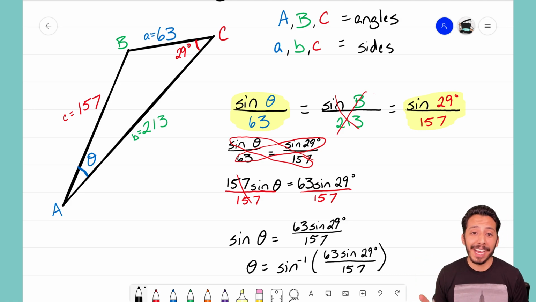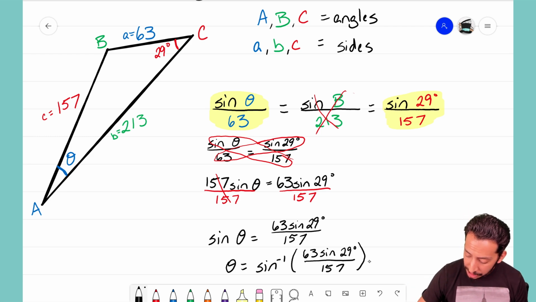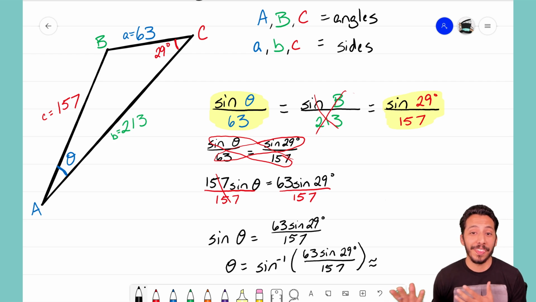That is a mess. I agree. You're probably looking at that going, wow, that's pretty complicated. And it is. But thankfully, we have a calculator that will allow us to just enter that in, and it will give us our approximate answer for angle A, or theta, which is what we're calling it today. So that's what we want to enter in.